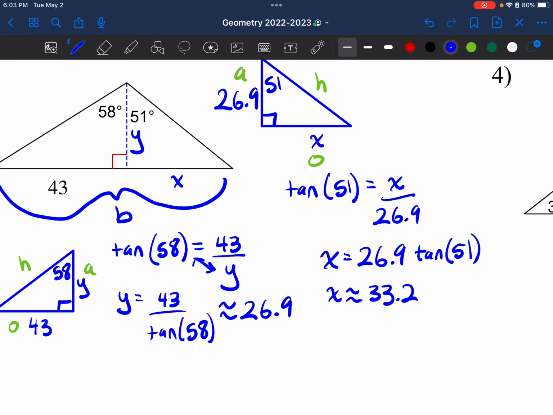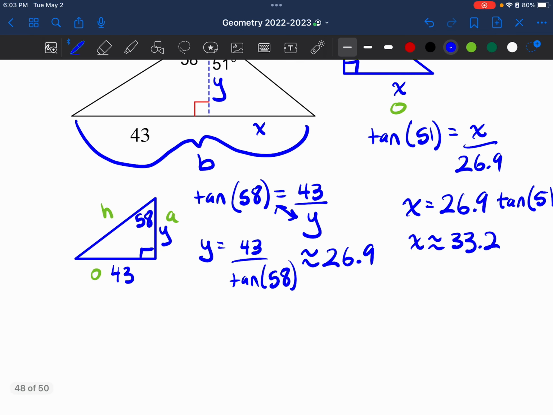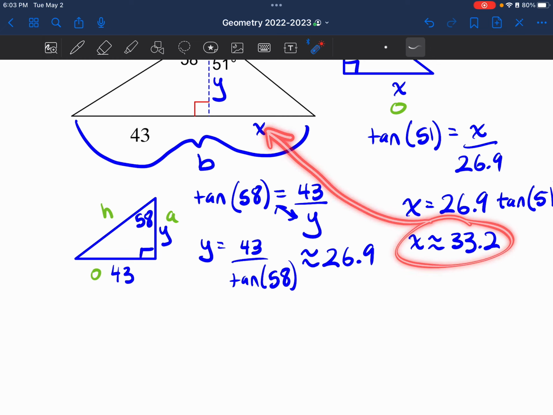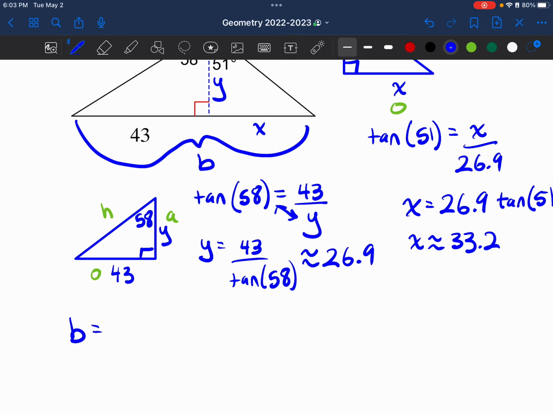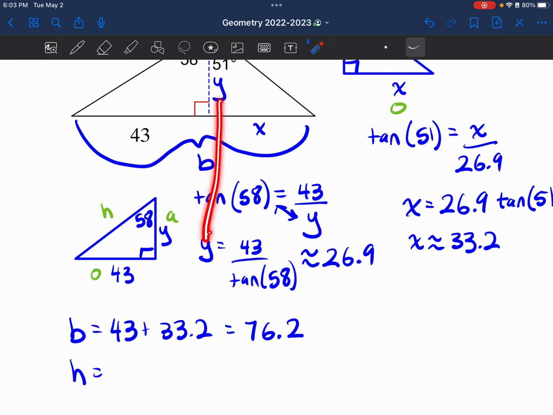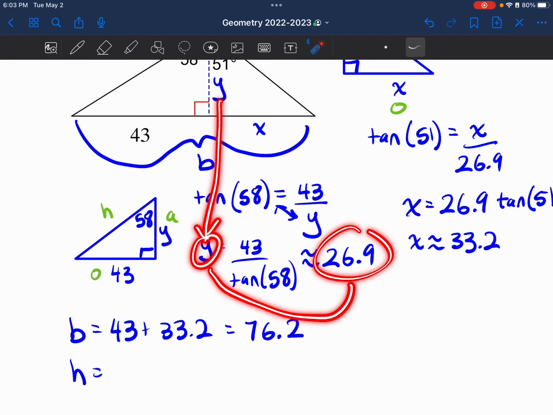In total, the entire base, remember the base is this piece plus this piece. This x is 33.2, so I'm going to do 33.2 plus this 43 for the entire base. So my base is going to be 43 plus my 33.2, which is 76.2. And the height of my triangle is my y value, and that y value is 26.9.